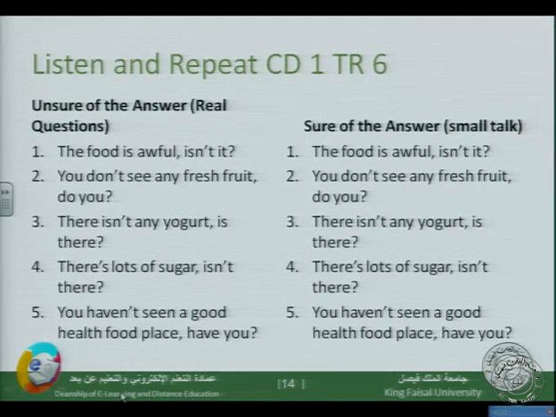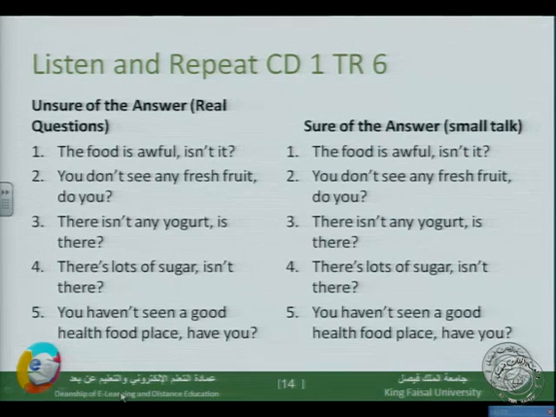See the difference. Number 4. Unsure of the answer. There's a lot of sugar, isn't there? So this is how to be unsure of the answer and sure of the answer, okay?